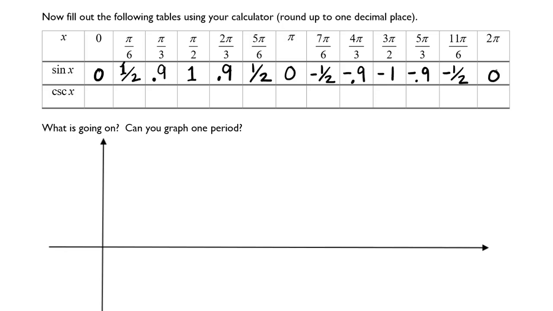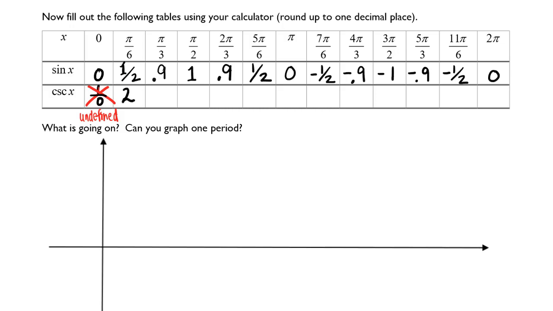Now let's look at the cosecant. Remember, the cosecant is the reciprocal. So if I have 1 over 0, that is undefined. We can't do that one. Then the reciprocal of 1/2 is 2.